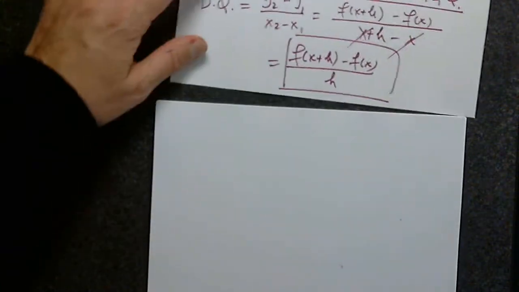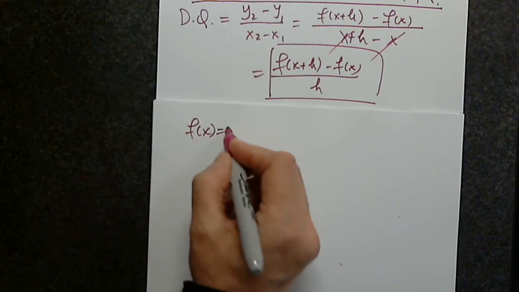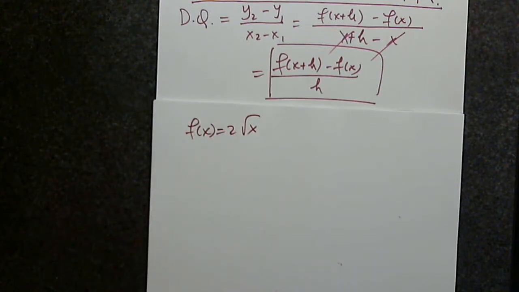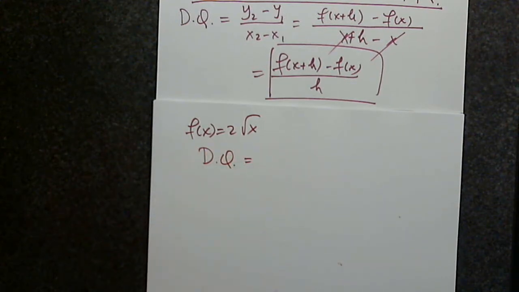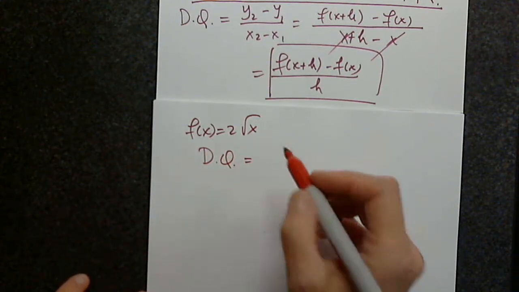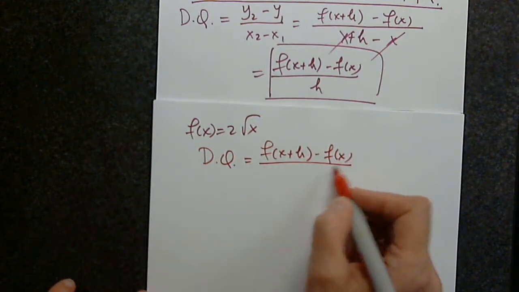Okay, so we are given a function, f of x equals the square root of x. And they say, find the difference quotient and simplify it if you can for this function. So I write again the difference quotient, and you have to memorize it moving forward. We need it. So f of x plus h minus f of x divided by h.